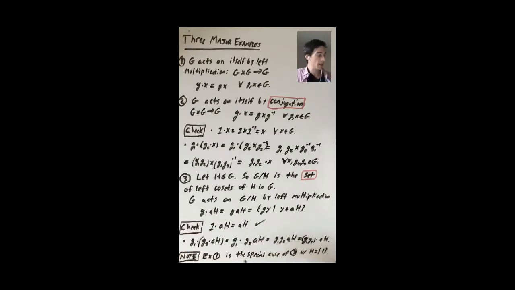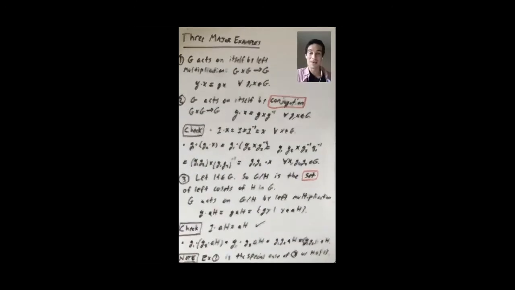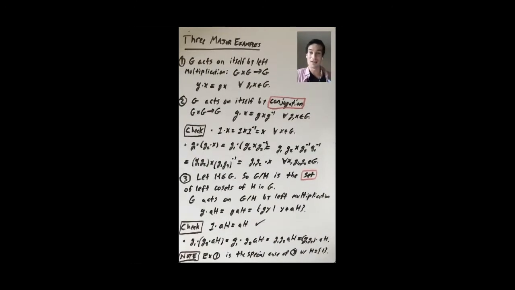Well, it's G1 acting on the left coset of H containing G2 times A. And that is the left coset of H containing G1 times G2 times A. And that's the same thing you would get if you took the group element G1 times G2 and you acted on the coset AH. So again, it's easy to check that the action that we've defined this way satisfies the things necessary to actually be a left group action.